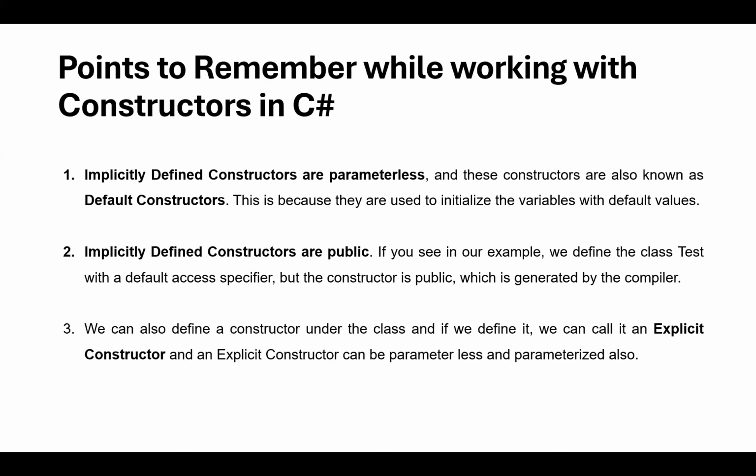All implicit constructors are defined as public, so you can use them from external calls. And you can also define your own constructor. It's called an explicit constructor, and it can have its own parameters or none. So explicit constructors can be parameterless and parameterized too.